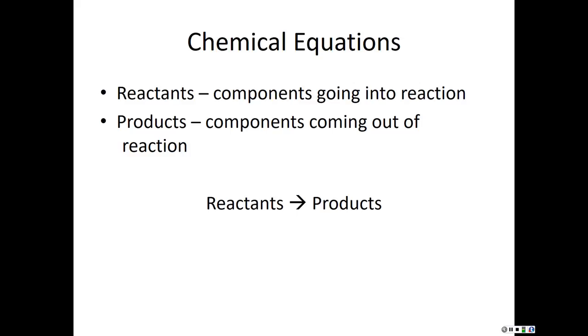But the first one is if you make this imaginary line where your arrow is, it breaks it into before and after the action. So think of the arrow as the verb of your sentence. That's where things are being done. And everything before it is before your reaction occurs. And everything after your arrow is after your reaction occurs.